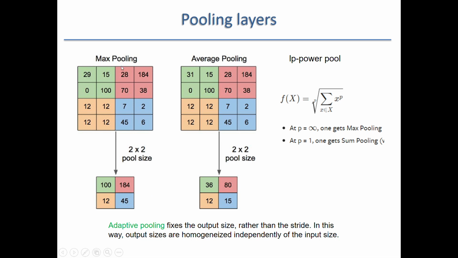And then this max pooling means from this group we will take the maximum value. So maximum value is 100. So all this group we will substitute by 100, and all this group we will substitute by 184, and so on. So if your input image is 4 times 4 pixels, your output image will be 2 times 2 blocks of this kind, that is 2 times 2 pixels.